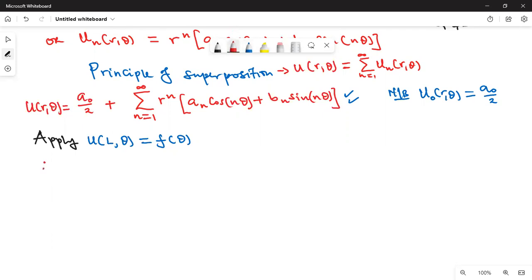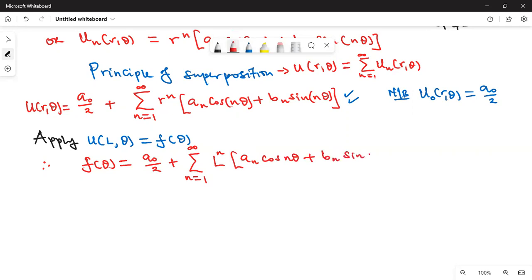Therefore, f of theta should be equal to a naught over 2, remember a naught is a constant, plus the sum from n equals 1 to infinity of L raised to n, a subscript n times cos n theta, plus b subscript n times sine n theta.